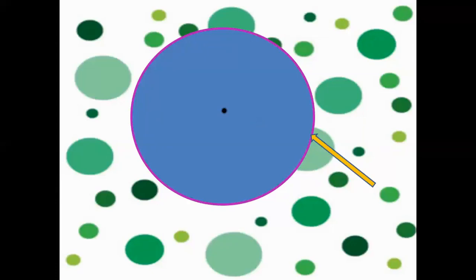Okay, what is the outside of the circle called? This is the circumference. Now, can someone define the circumference? What is the definition of the term circumference?